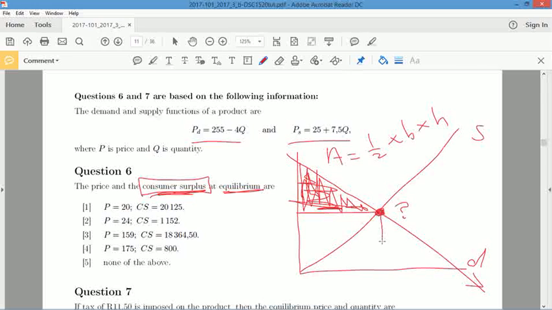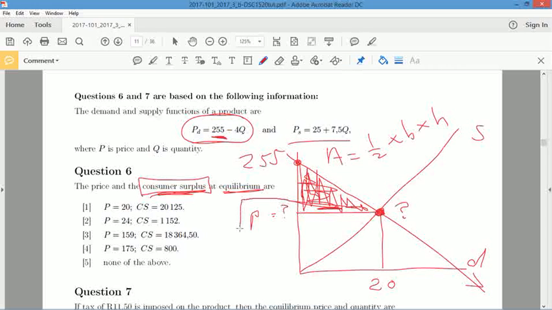While q is what I've just worked out, 20, I still need to work out the p, which is the price. If I'm looking at demand, there's the demand function. You know that 255 would be the point over here because that's the y-intercept. Remember, it's where the line cuts the y-axis.